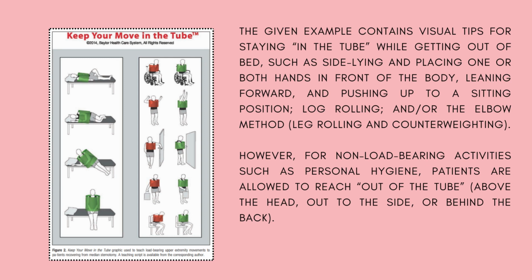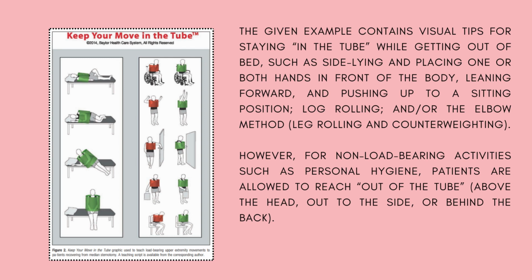Now, if they have to push their wheelchair, which is a loaded arm movement, their upper arm should be close to their body. But if you look at the second diagram, they are reaching their arms overhead. So it is a non-load-bearing activity, for example, washing their hair, personal hygiene. They are allowed to reach out of the tube, but it is dependent on their pain tolerance.